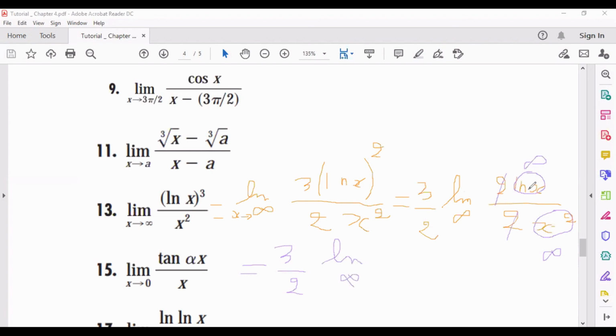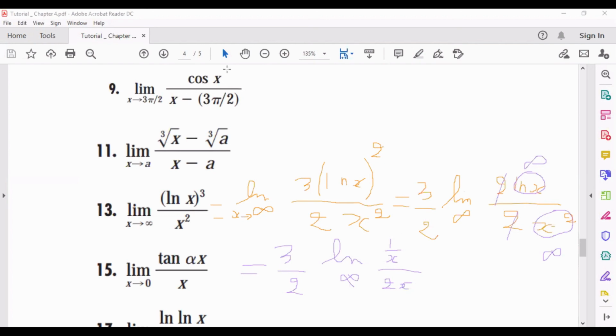What about the derivative of ln x? 1 over x. What about the derivative of x squared? It's 2x. So 2x squared, sorry. It will be 2x squared. It's equal. Good. Now the problem is, because here we have just x, we exclude ln x.